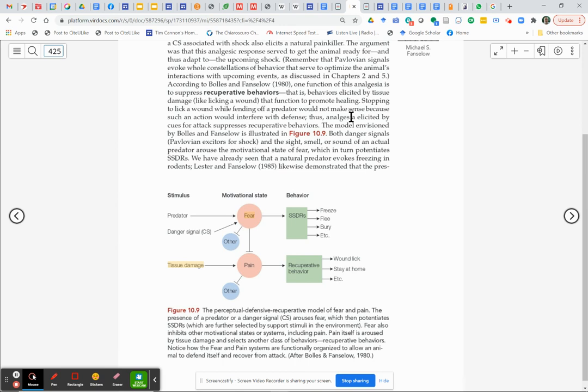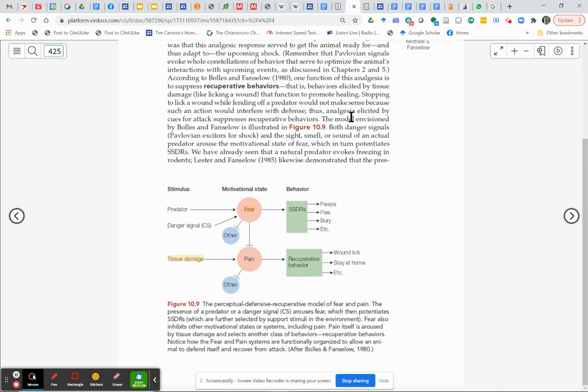So, there's a classic figure from this book. Fear inhibits pain and other related behaviors, and it encourages freezing, fleeing. Burying is an interesting one. Did I already go past that?